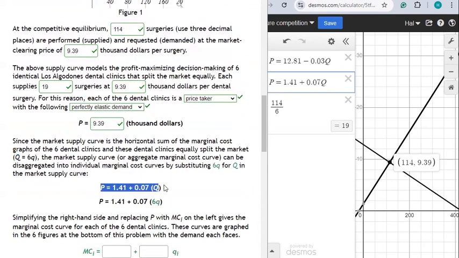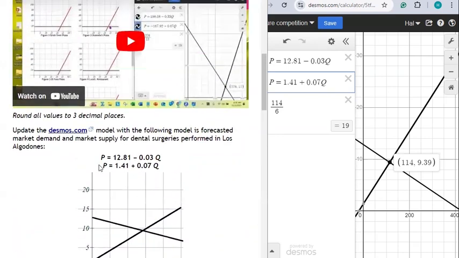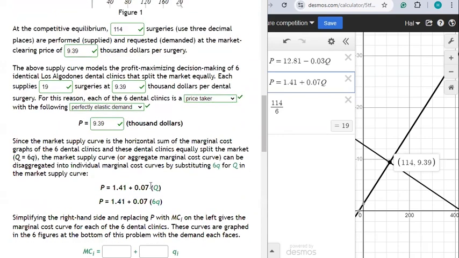So this right here is the supply curve, right? I'm replacing the Q with what the big Q equals. Big Q equals little q times 6. In your model, if you have, say, 10 dental clinics, you would have 10q here. If you have 8 dental clinics, you would have 8 little q here.